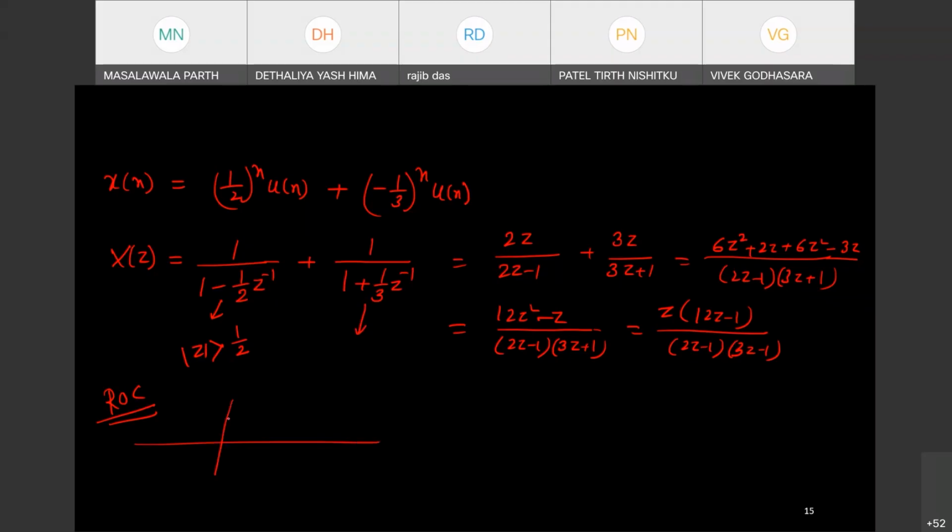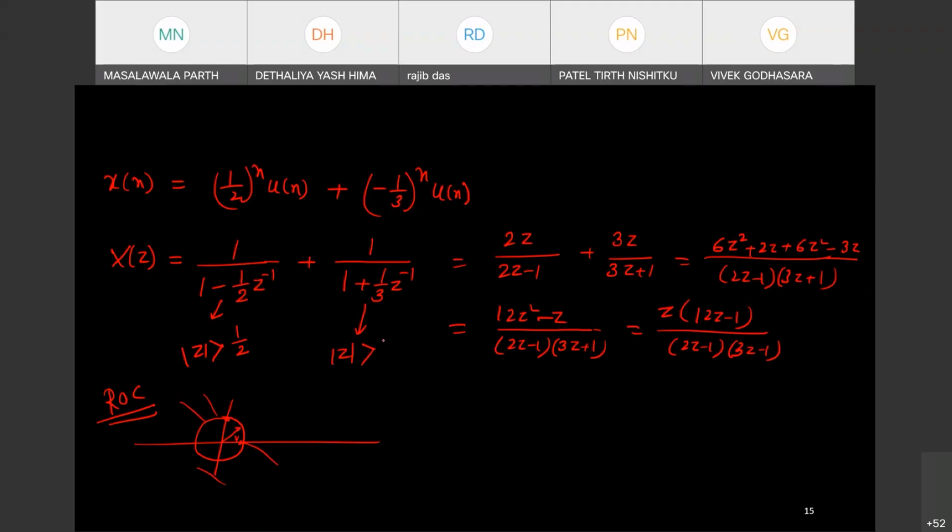So you see the first one is, this is your half. Radius is half, okay? So this side, this length is half. Now this one, it's mod z. It's again right side, it's more than mod of alpha.